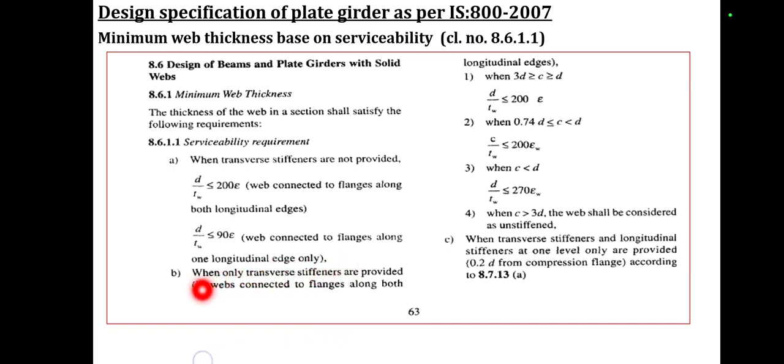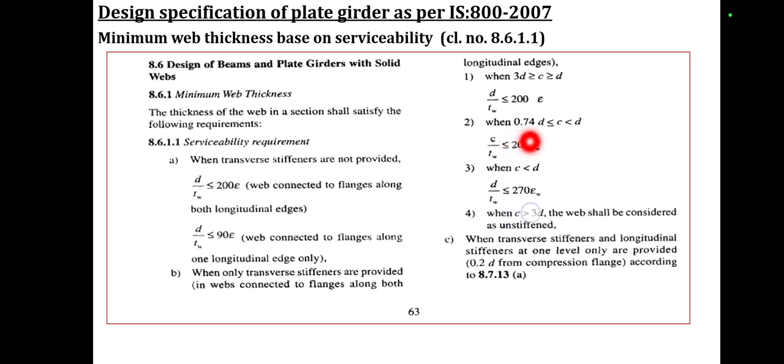The second case is when only transverse stiffeners are provided, with the web connected to the flanges along both longitudinal edges. In that there are four subcases. When 3d is greater than c and c is greater than d, where d is the depth and c is the center to center distance between the stiffeners, then d by tw is less than or equal to 200 epsilon.